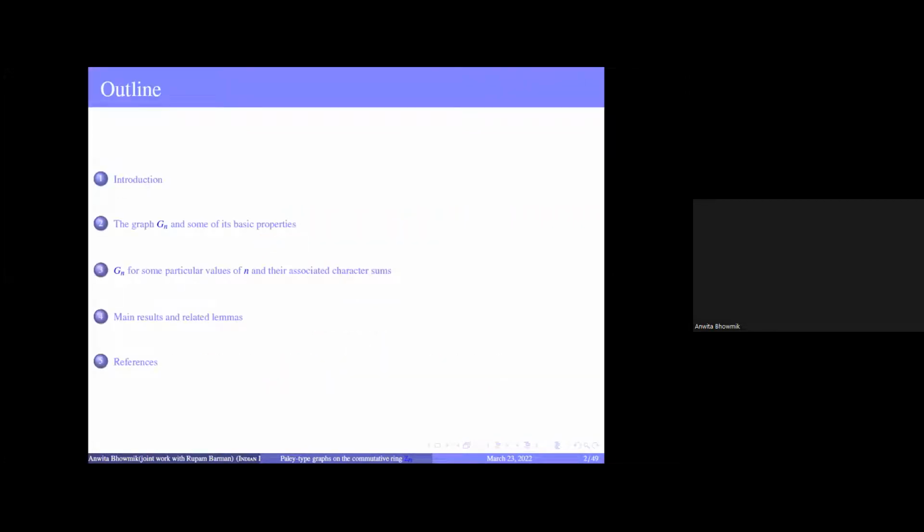Okay. So first, I shall give a brief outline of my talk. Firstly, I will give an introduction about what Paley graphs are, how they are connected to Ramsey theory, and how they are linked. Then I will move on to the graph that we have defined, which we call the Paley-type graph. We denote it by Gn.